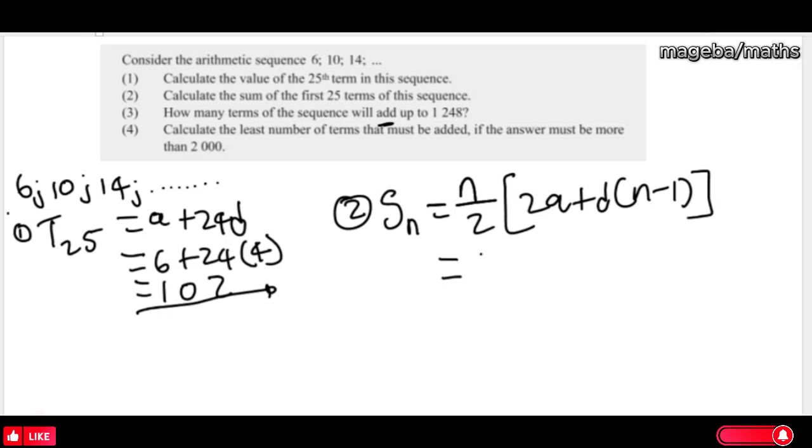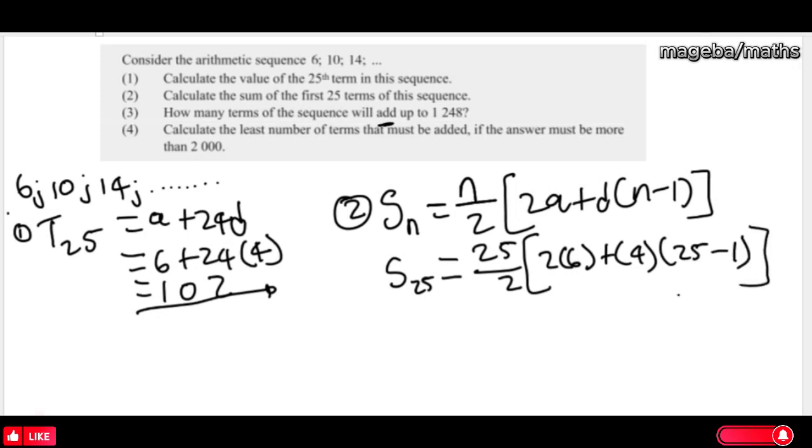We're calculating the sum of the 25, so it's 25 over 2 into 2 into a, which is 6, and d is 4, then 25 minus 1. And then from here, you just punch your calculator. It's 25 over 2 into 6 plus 4, and then 25 minus 1.